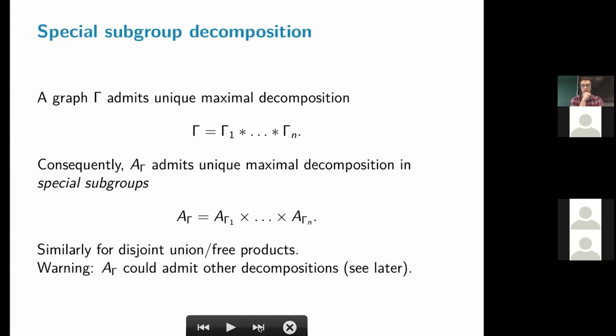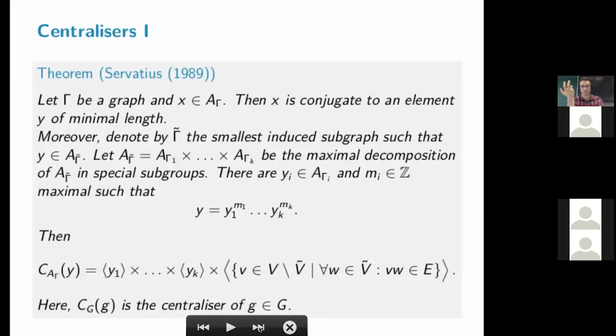Okay. Now, why do we use these special subgroups? There is another type of subgroups that group theorists, and mostly combinatorial group theorists, are interested in, namely centralizers of elements, because this can give lots of information, for instance, regarding decompositions as direct products.